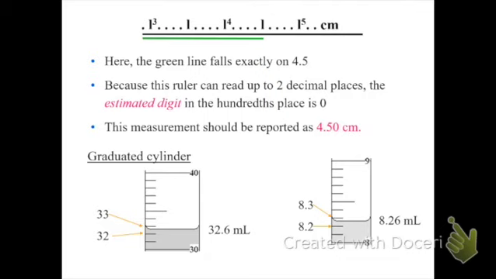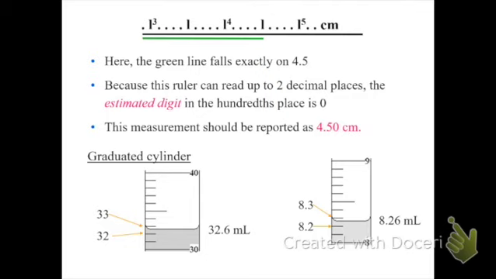In this case, you will see that depending on the device you use, it results in a different number of significant figures. So when you are looking at significant figures, it really depends on what you use in your measurement. Let's look at the next one, the graduated cylinders. You will see how these two graduated cylinders give us different significant figures. In the first one, we know that the number falls between 32 and 33. It's slightly higher than 32, but less than 33.